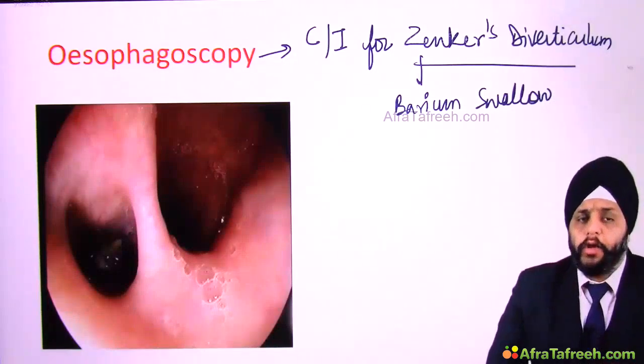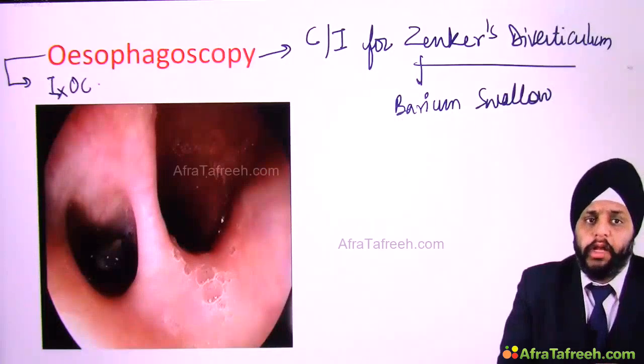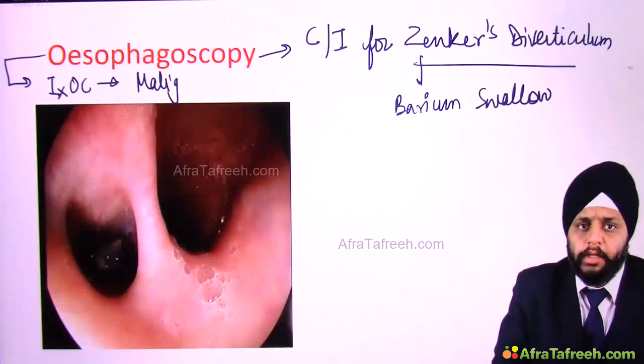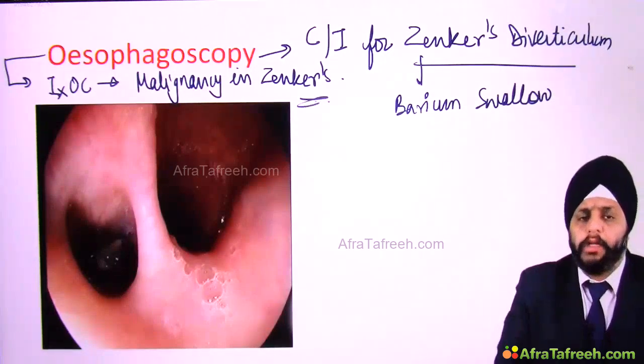Now what do you have to do? Now you have to do esophagoscopy. This is the investigation of choice if you suspect a malignancy in Zenker's diverticulum.